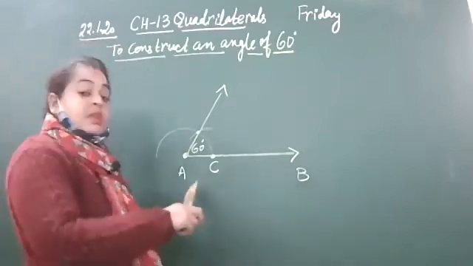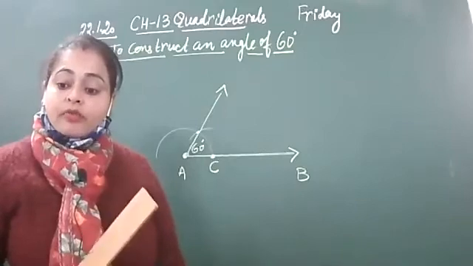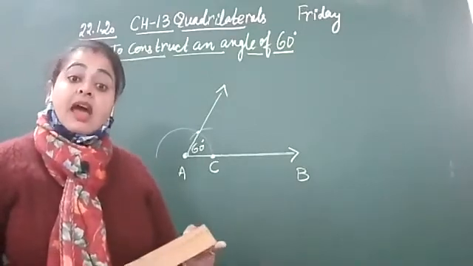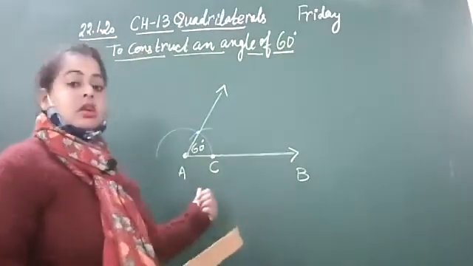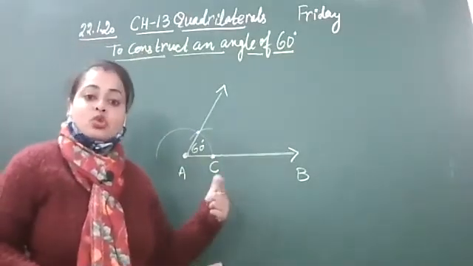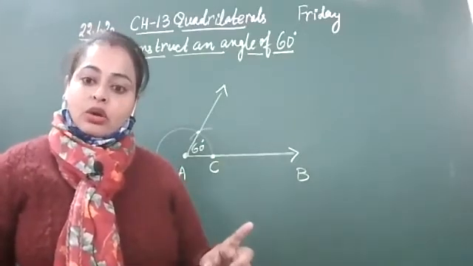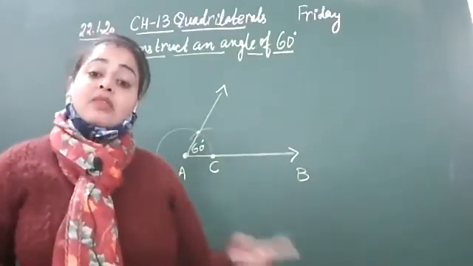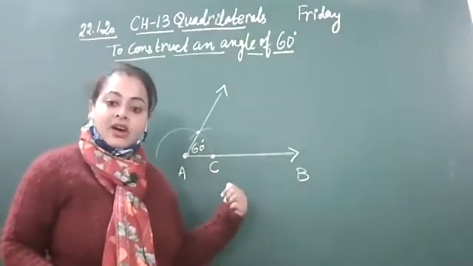Now complete it. After that, I will explain an angle of 120 degrees. In 120 degrees, we will again repeat this 60 degrees. If anyone joined now, don't worry; when I explain 120 degrees, I will again explain how to construct an angle of 60 degrees.